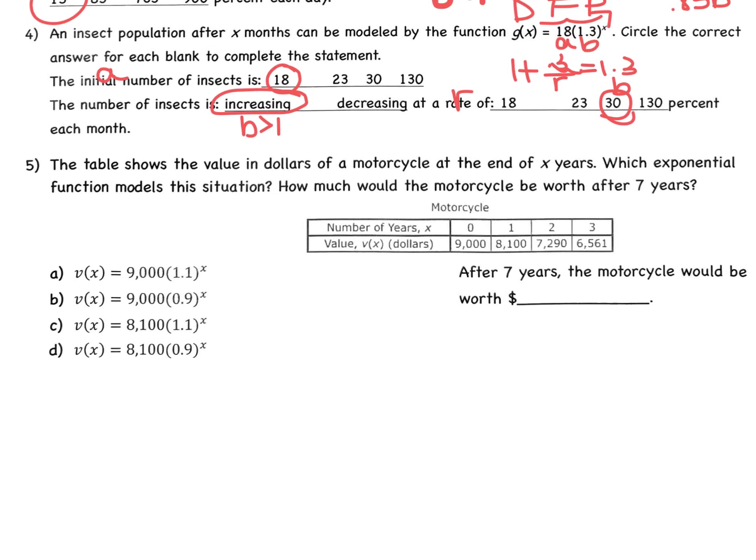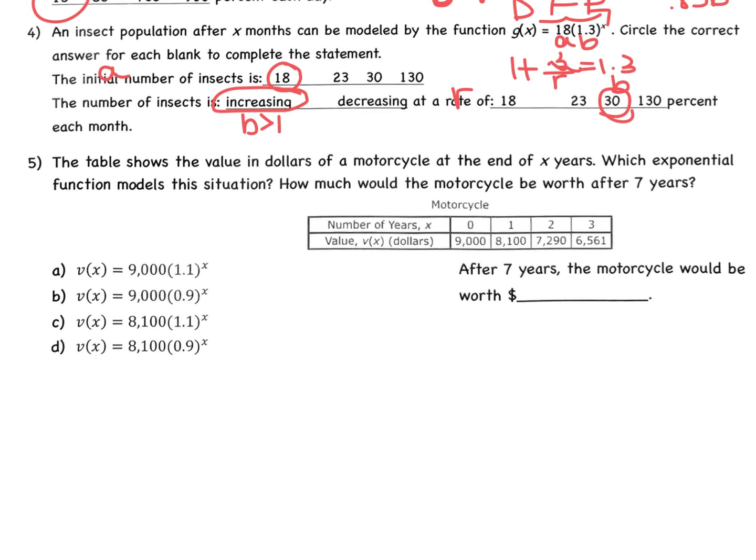The table shows the value in dollars of the motorcycle at the end of X years. Which exponential function models this situation? Okay, it does tell us it's exponential. We can see that in our equation. So you can put this in list-in spreadsheets and do menu 4 1A. This is what it looks like in main.